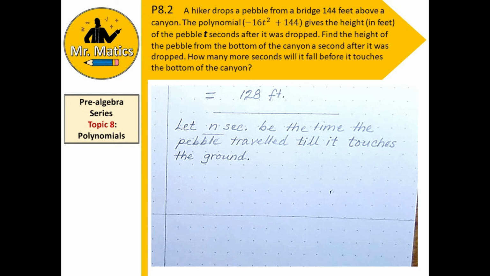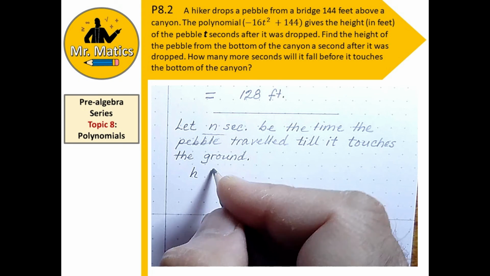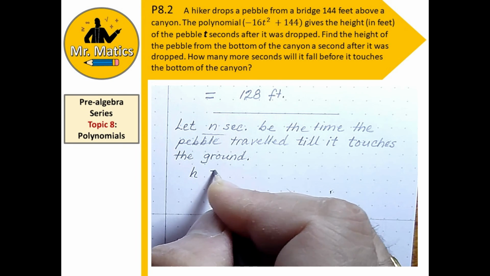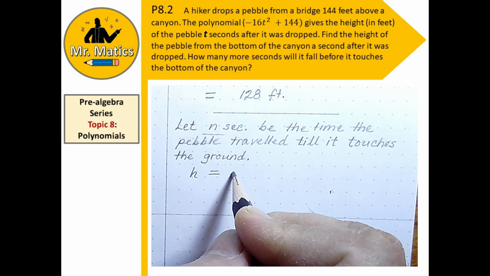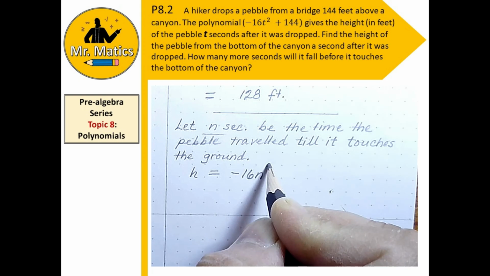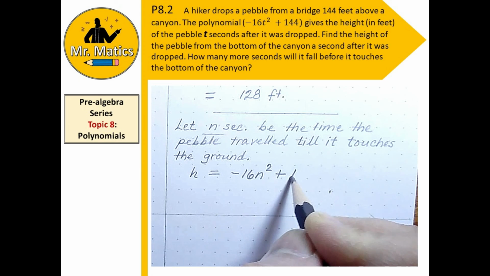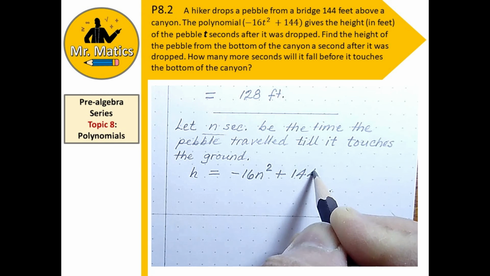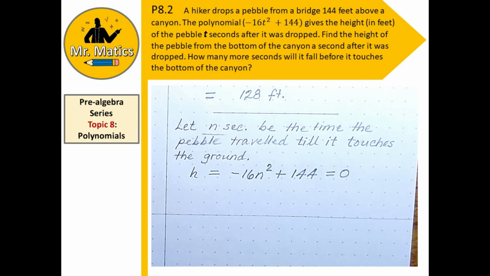So that means when it touches the ground, the height is 0. So h equals minus 16n squared, we are putting n in place of t here, plus 144 equals 0. At n seconds, the height is 0.